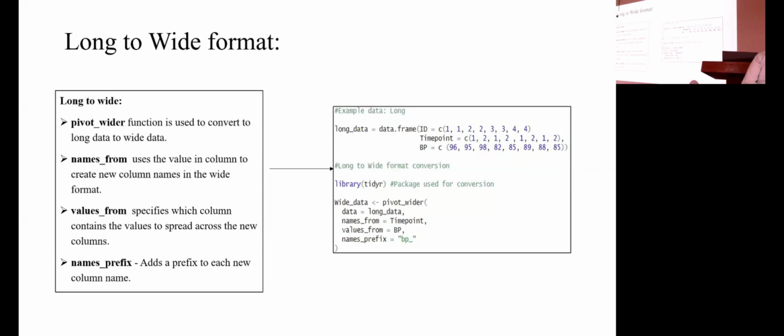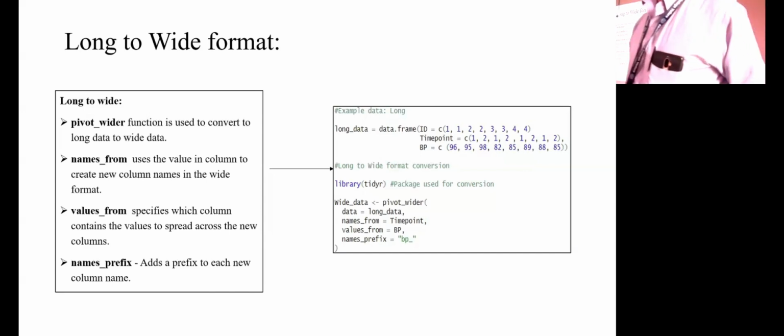We will call the Excel sheet or SPSS sheet, convert wide to long, and do the analysis. Here we have provided a hypothetical example, but you can do more variables in different time formats also. You can do wide to long, long to wide.